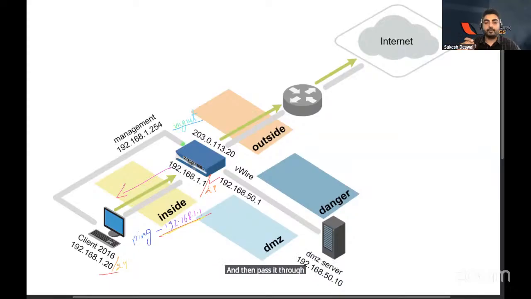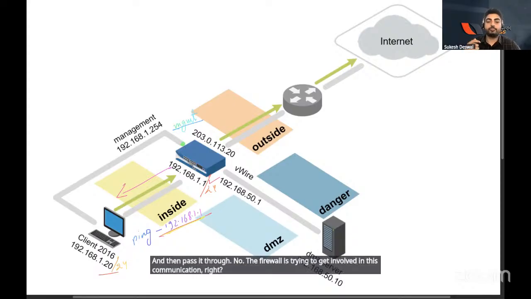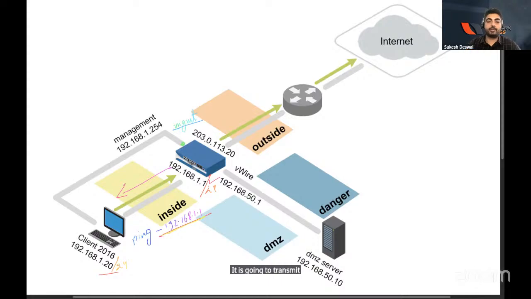No, here the firewall is trying to get involved in this communication, right? It is going to transmit, not just pass it after checking the packets. So for any such traffic where the firewall has to communicate, it tries to communicate with its management interface.